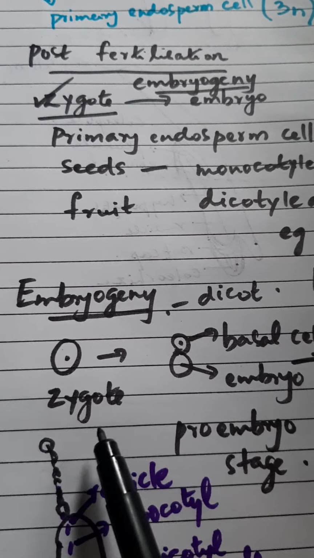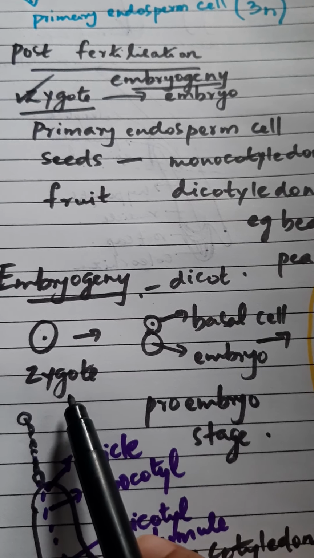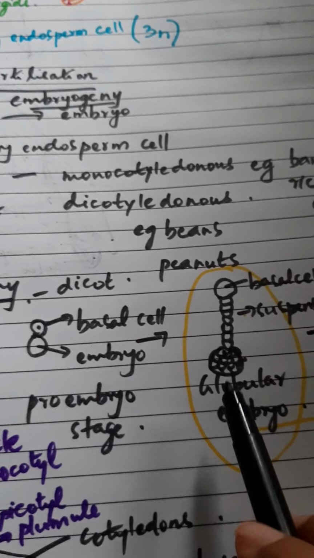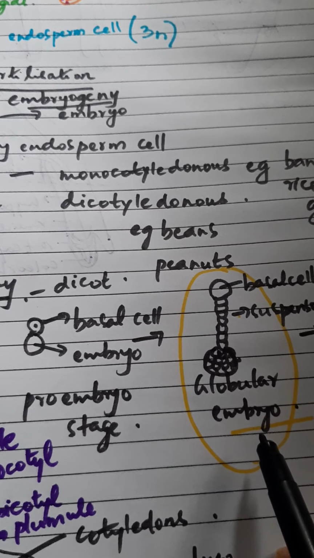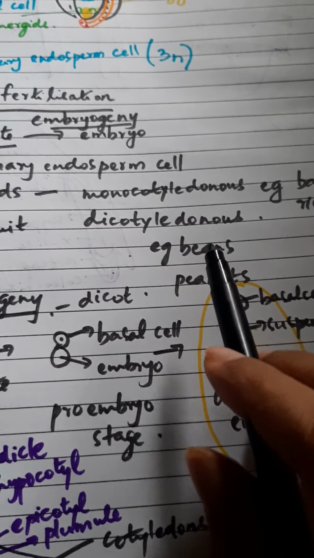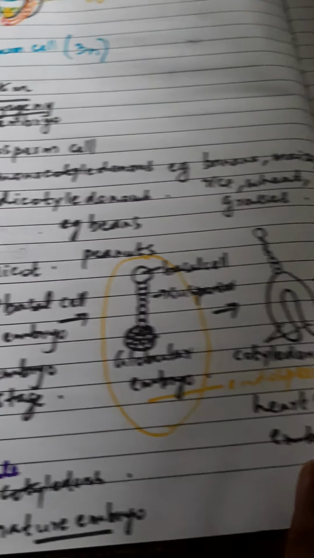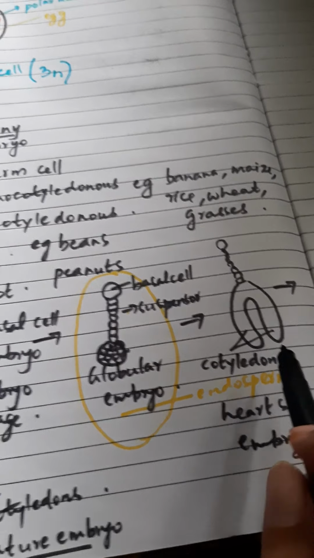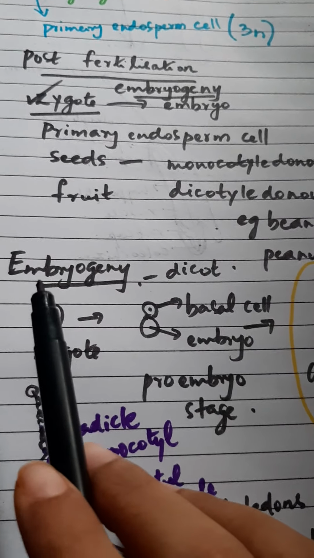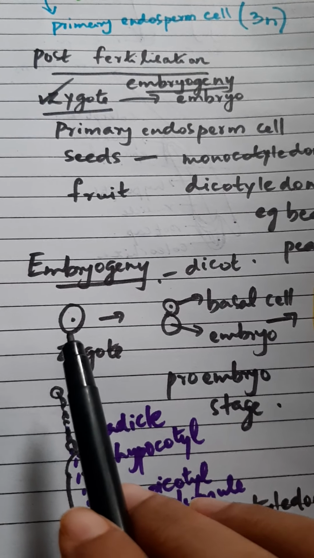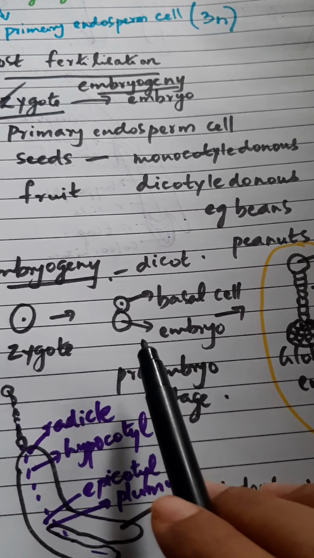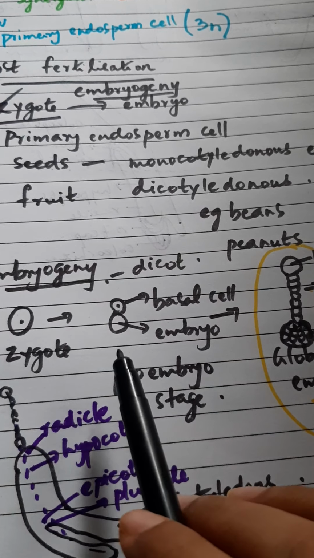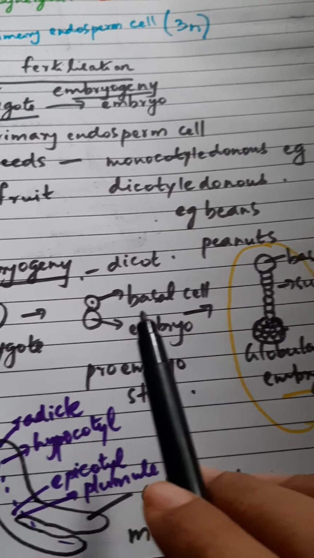In embryo development, the initial stages, that is zygote as well as pro-embryo as well as globular embryo, they are common in monocot as well as dicot. But after that the changes come. In case of dicot, there will be two cotyledons. The first stage in the embryogeny is zygote will divide to form a pro-embryo stage, where there is a basal cell and the future embryo cell.